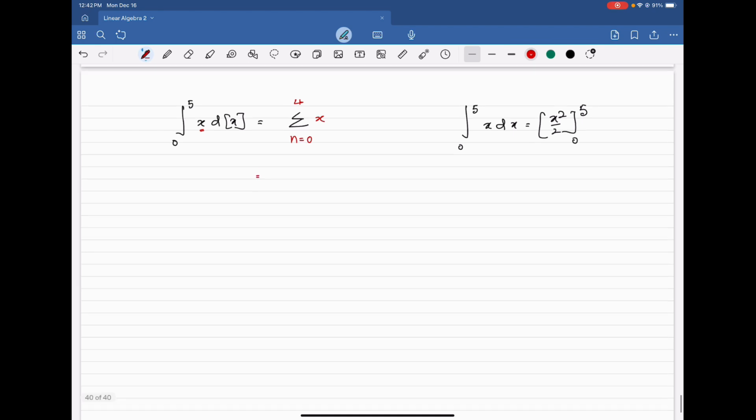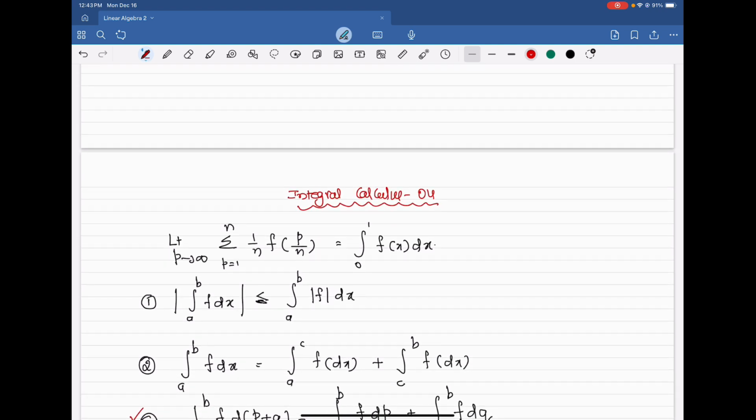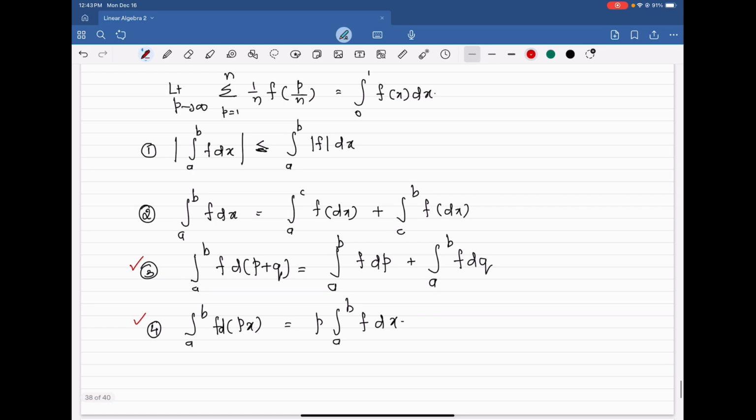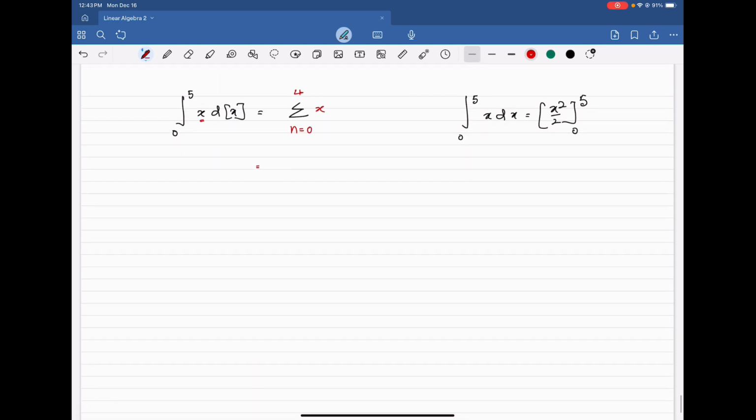I have reversed the definition. Integral 0 to 1 function x dx is equal to limit sigma 1 by n function p by n, p is equal to 1 to n. I have removed all the limits. For the smallest integer function, the formula is this. This can be function x.